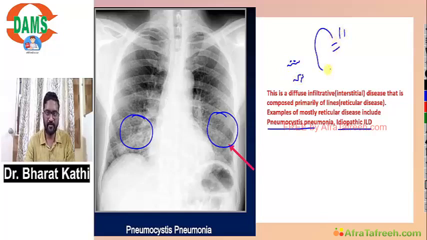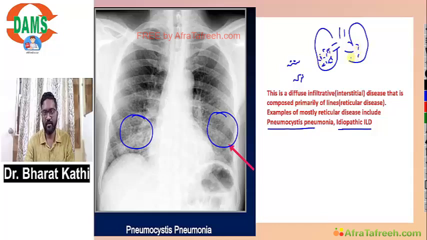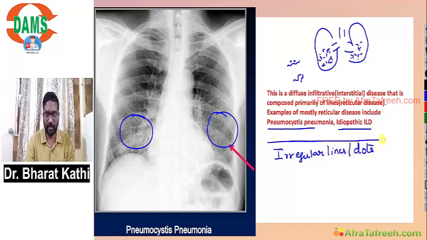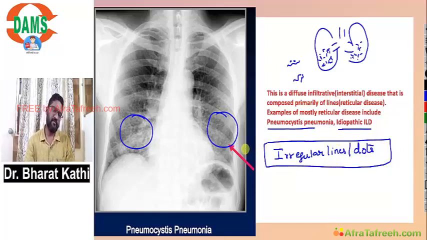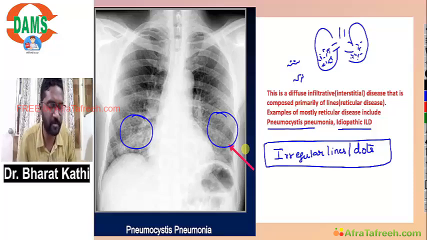If there is a chest X-ray and you can see some irregular lines or irregular dots, in simple words, irregular lines or dots, this is an interstitial pattern. Today, as we are not discussing CT scan, we are just seeing a chest X-ray, you can call it an interstitial abnormality.